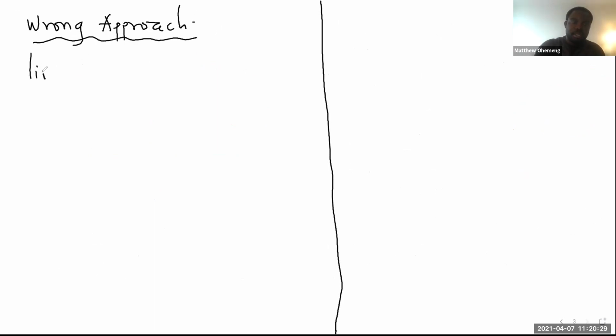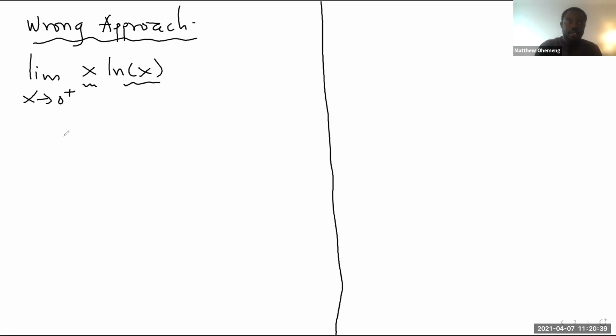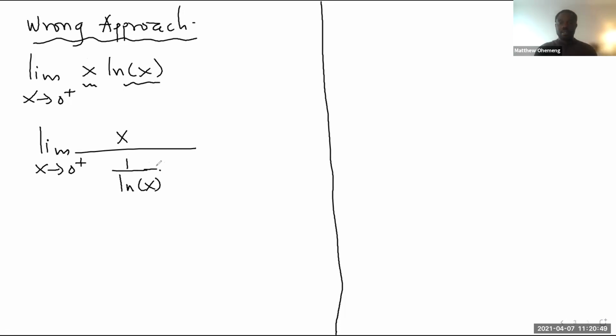So this is limit as x approaches 0 from the right of x ln of x. So for the wrong approach, I'll say, okay, now I still identify the two functions, it's x and ln of x. So let me just leave the x on top and then divide by what? 1 over ln of x, right?